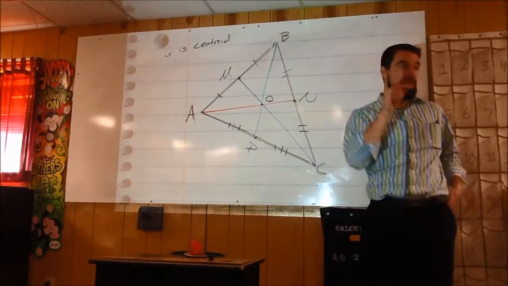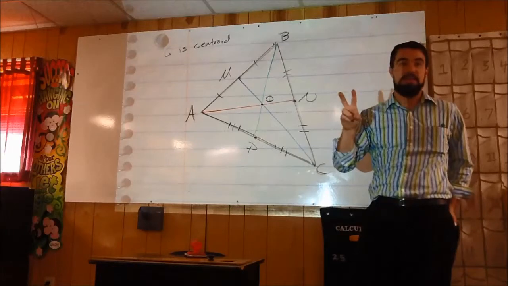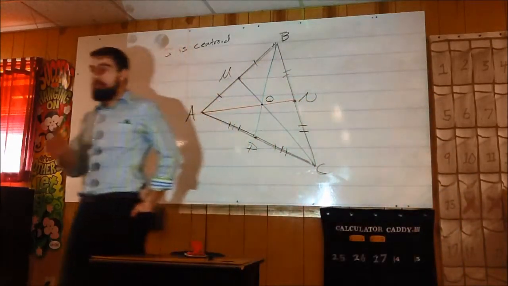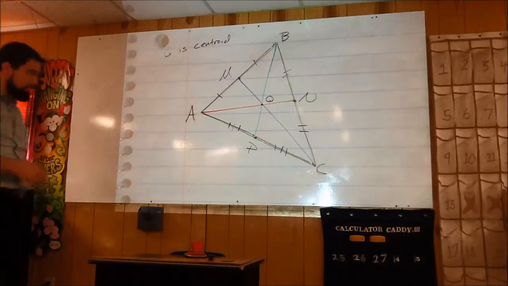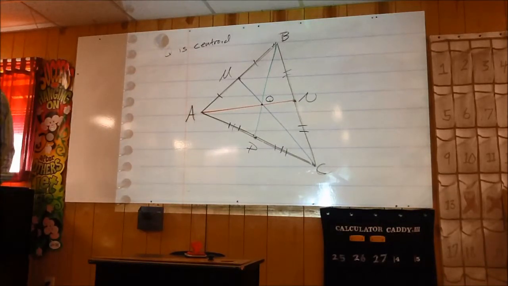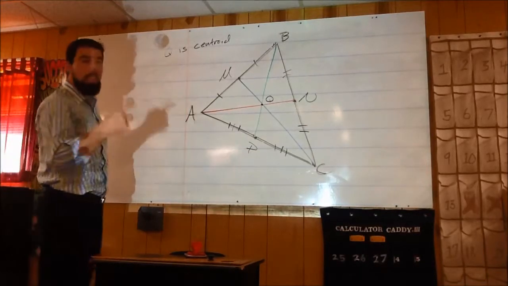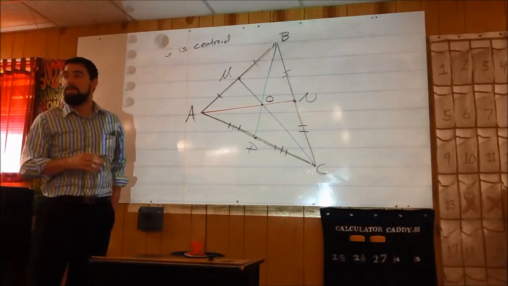Now, do you see how the centroid breaks up each median into two pieces? Now, on your sheet of paper or up on the board, focus on one median. I'm going to focus on the green one. Do you see how the centroid breaks it up into two parts, but one part is obviously larger than the other?